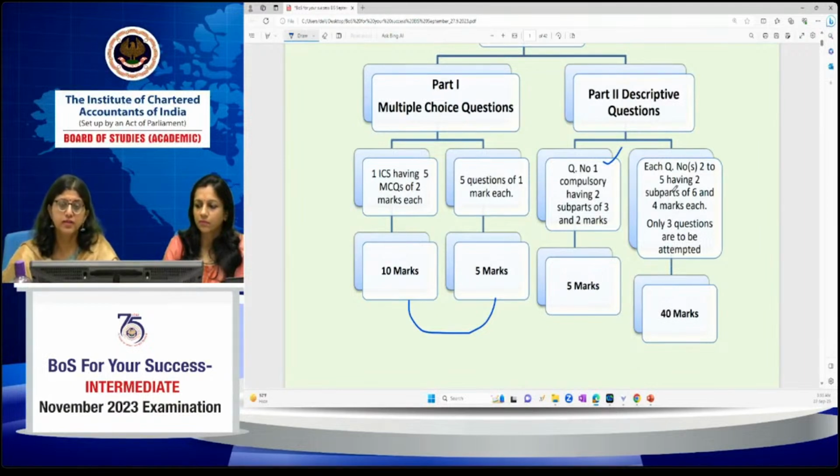Each of these questions will be of 10 marks. This way, 5 marks are compulsory here and 30 marks here. So this is a compulsory set, which is part 1, and this also is a compulsory set. So out of 50 marks, 20 marks are compulsory for you to attend. So you will have to have a good understanding.